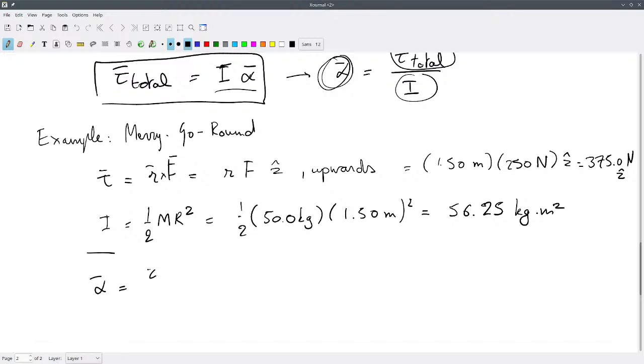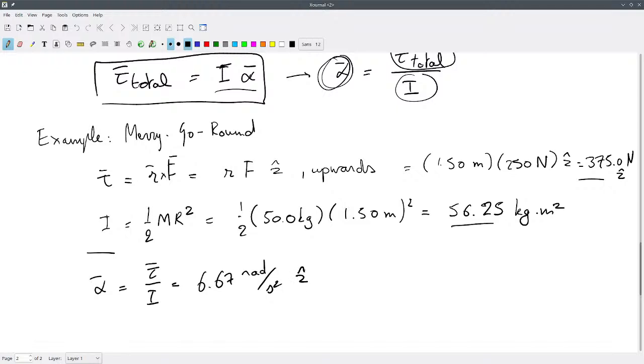Alpha is tau over I. So this will be 375 newton meters along the z direction over 56.25 kilogram meter squared, or 6.67 radians per second squared in the z direction.